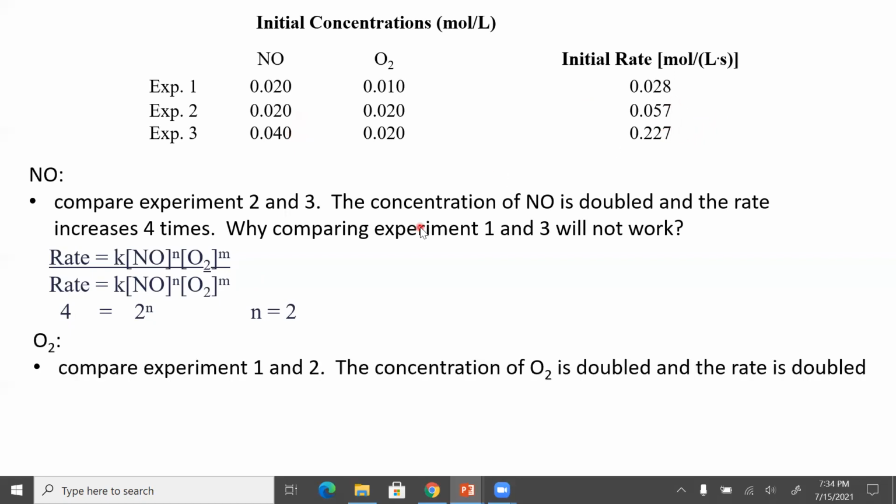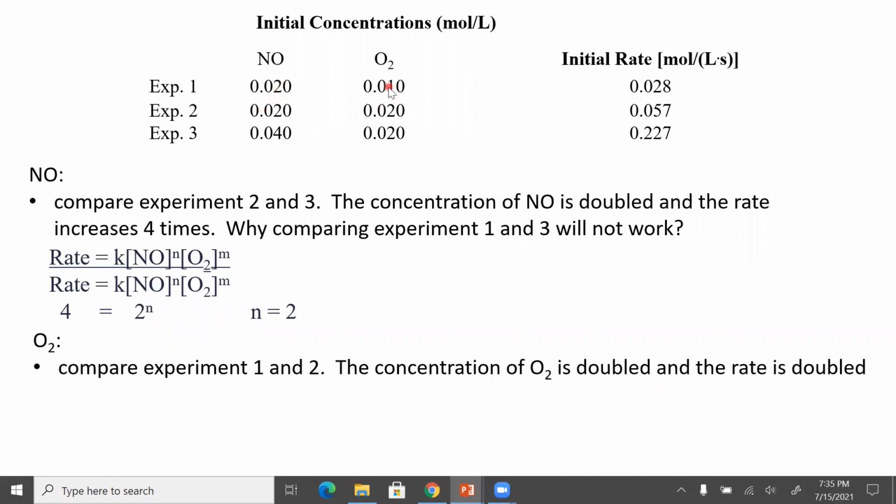Now, let's look at oxygen. What we can do to find out the order for oxygen is to compare experiment 1 to experiment 2. Because in experiment 1 to 2, the nitrogen monoxide is constant and the oxygen is doubling.